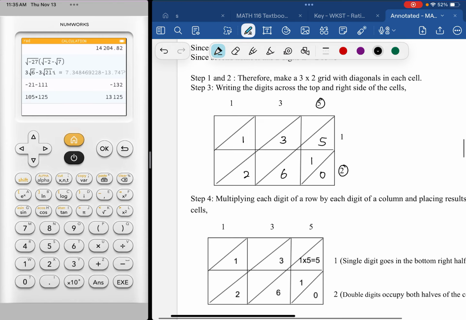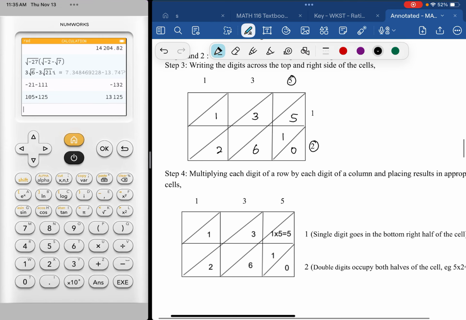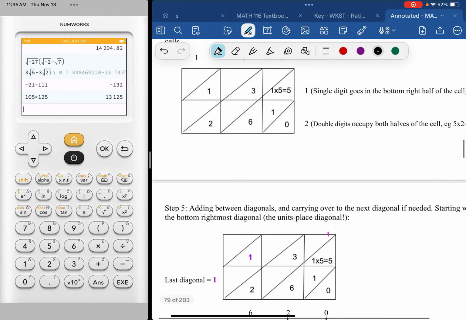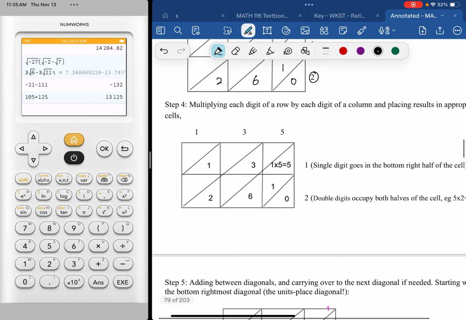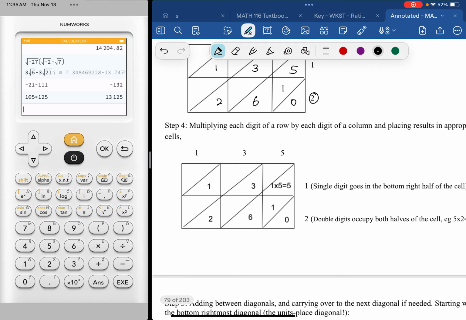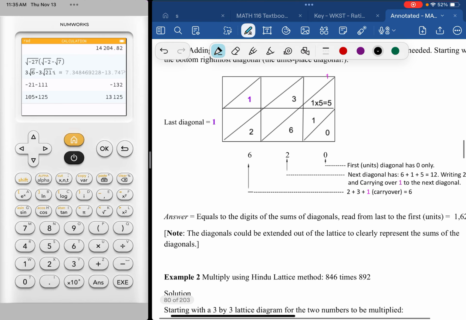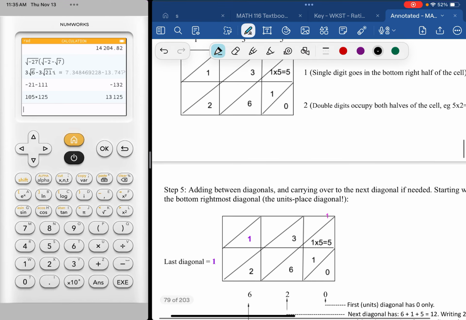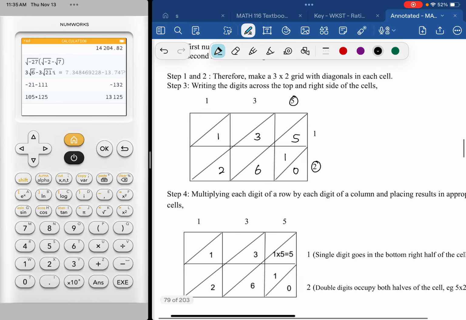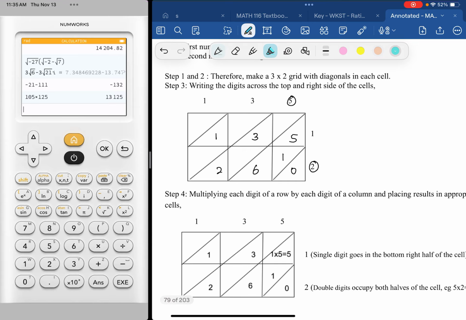And so what we then do is we add along the diagonals. We have several diagonals here, and I can show you the progression, but I'll just do it right here. This would be one of the diagonals.